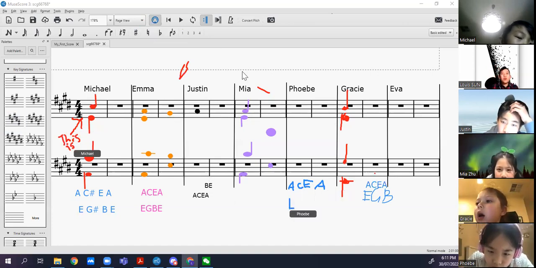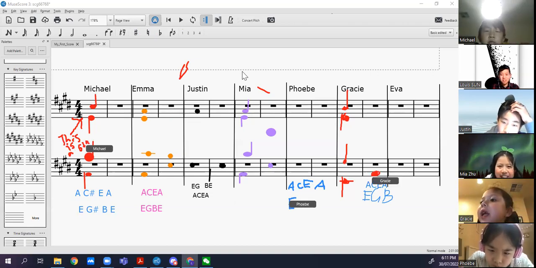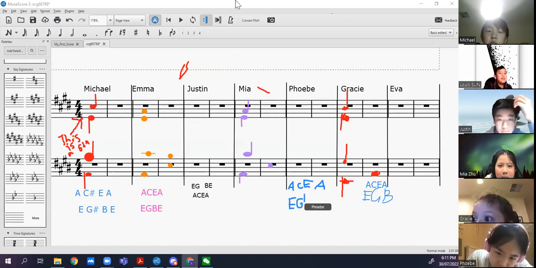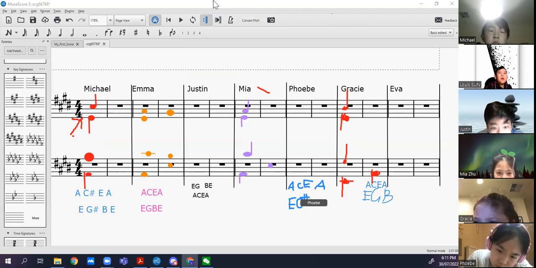Whoever's doing that, stop drawing giant red circles on the screen, please. Yeah, Michael, that's a 6. Good job.